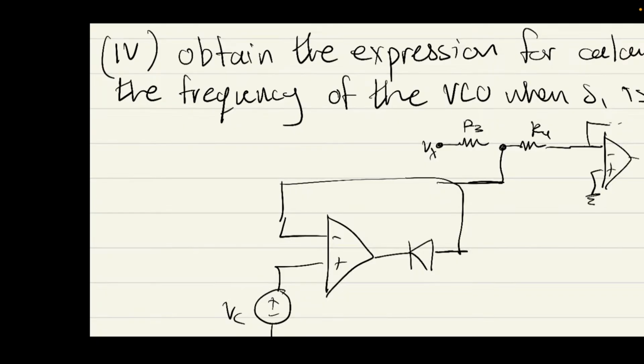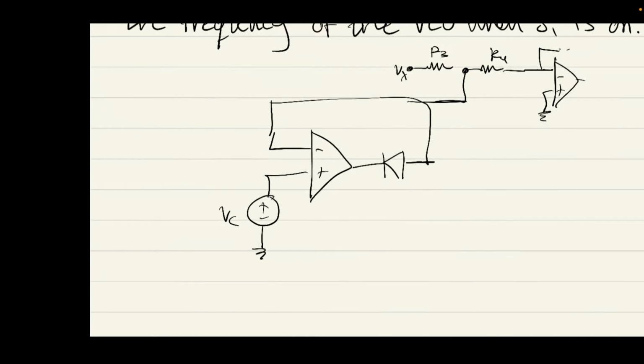The thing we need to recognize is that the diode, so first of all, to analyze this, we're going to assume that this diode is ideal. Okay?